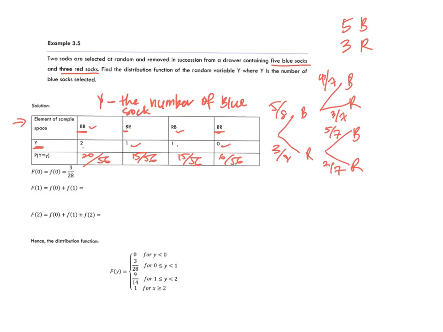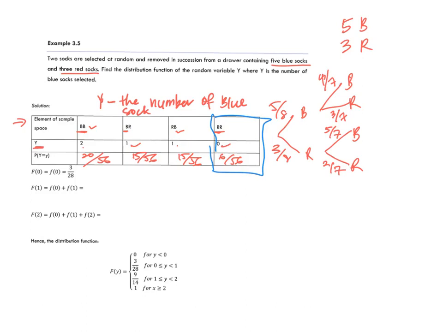For the first one, if you calculate the cumulative distribution function when y equals 0, we only have one situation here, so the value is 3 over 28.